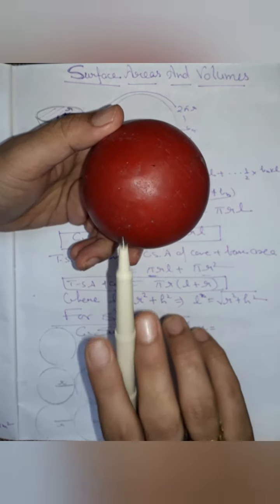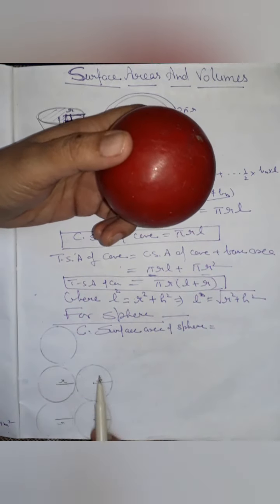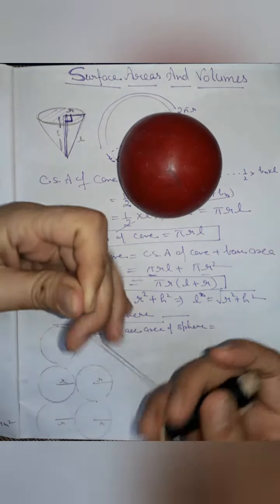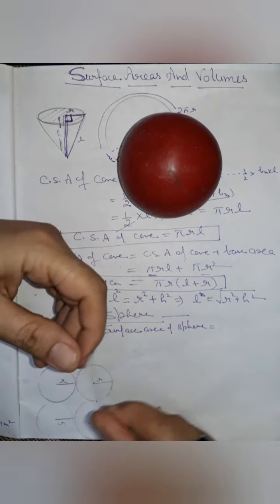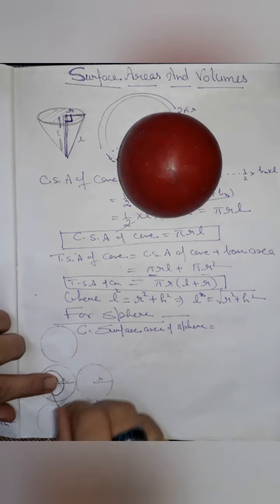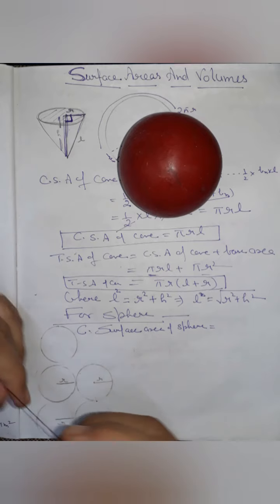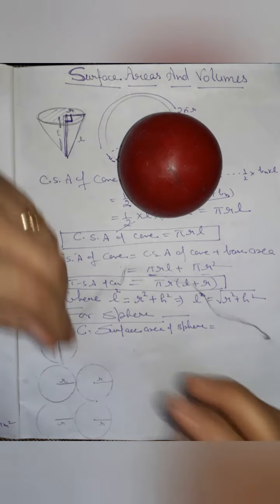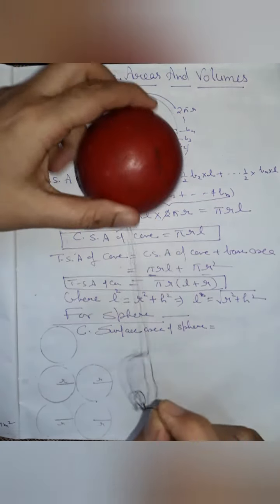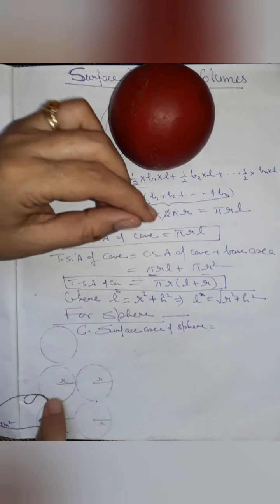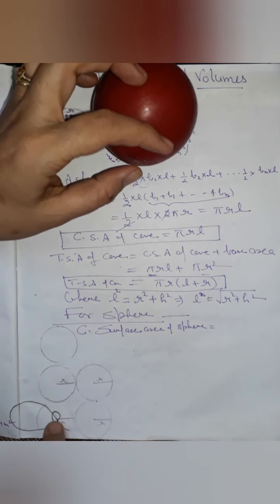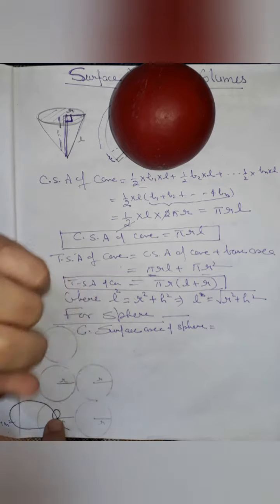Whatever diameter this ball has, with the same diameter we will draw 4 circles, and after doing that, whatever string was unwound, we will cover these 4 circles with that string, and what we will observe is that the total length which was required to cover the surface of this ball is covering completely the 4 circles with the same diameter.